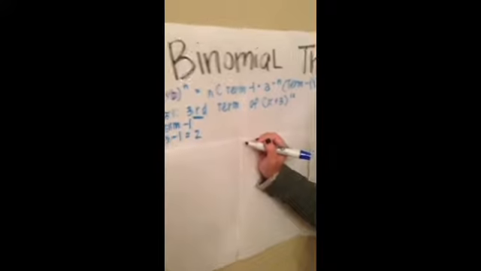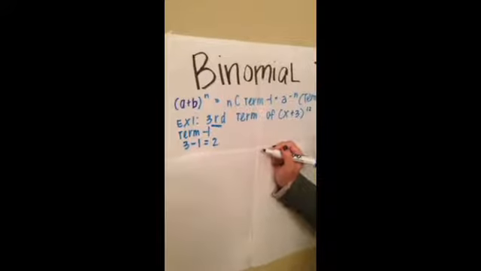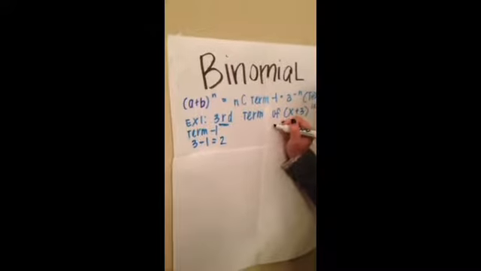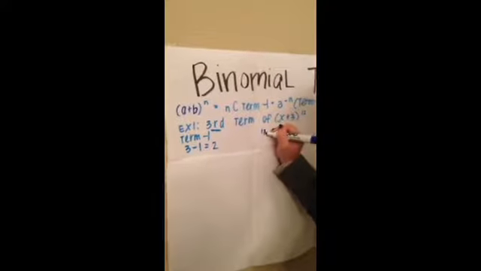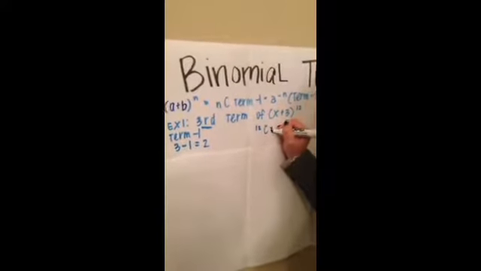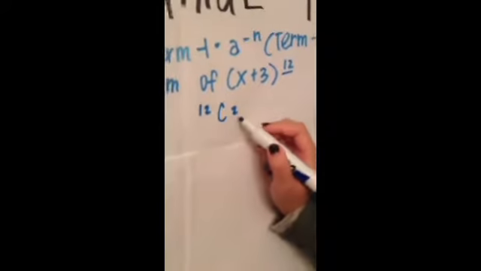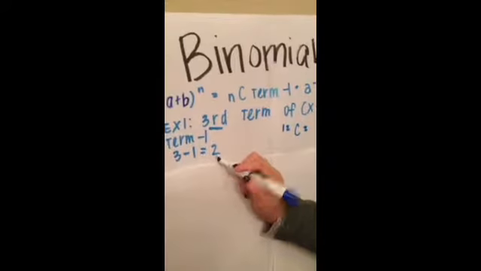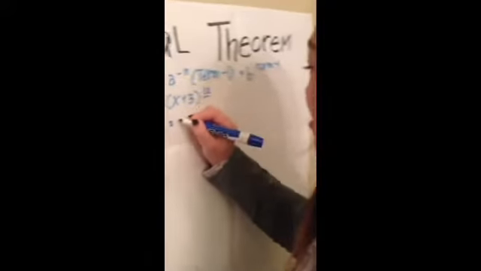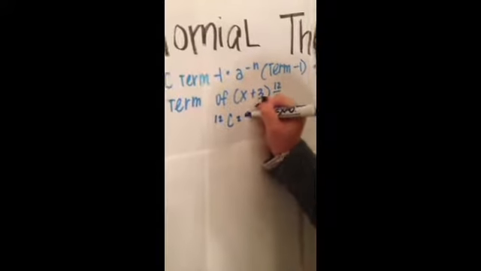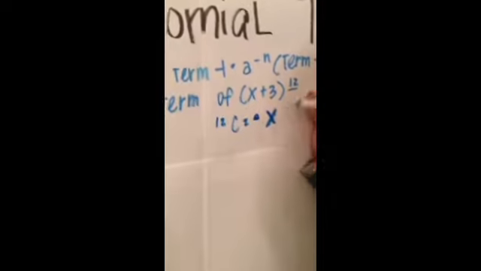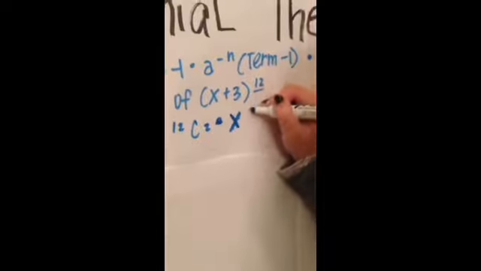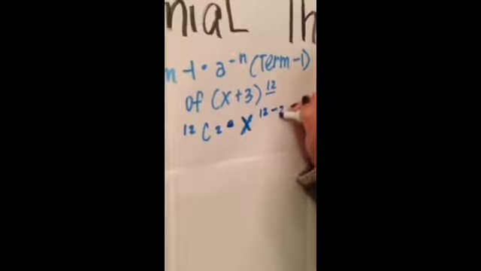And now you're going to take the 12C2, and I got the 12 as the exponent and the 2 from this. And now you're going to multiply it by x, and then take the exponent again and subtract it from 2.